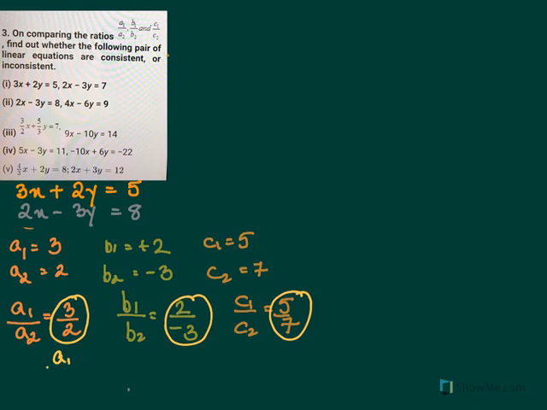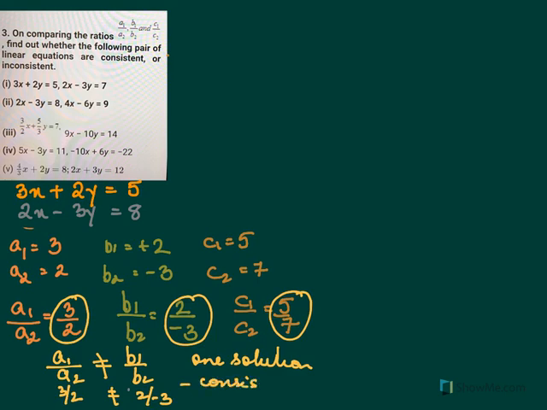So we see that A1 by A2 is not equal to B1 by B2, because we have 3 by 2, which is not equal to 2 over minus 3. In this case, they are intersecting lines with one solution. It has a solution, so we can say it is consistent, because one solution or many solutions is consistent.